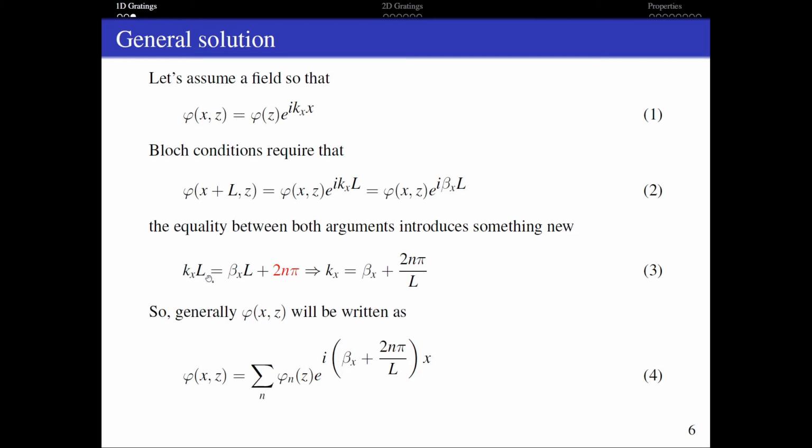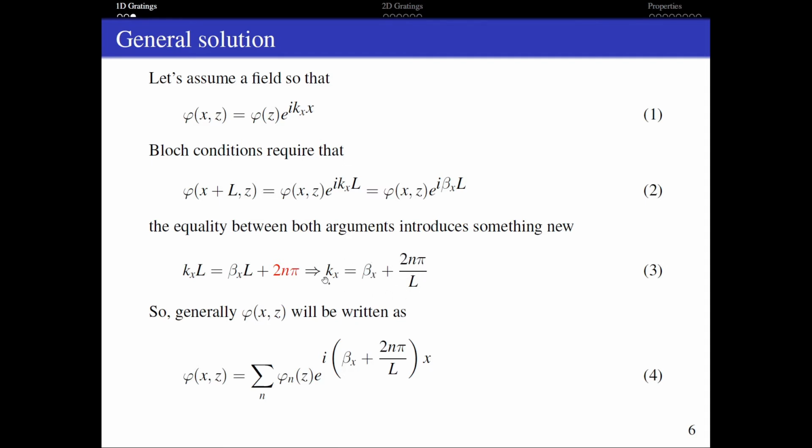So we have kx L equal to beta x L plus 2 pi n, with n being some integer, positive, negative or 0. This means that the kx value, the parallel component of the output k vector, is equal to the parallel component of the input k vector plus a term related to the grating. This is basically called the Bragg formula of gratings applied to the one-dimensional case.